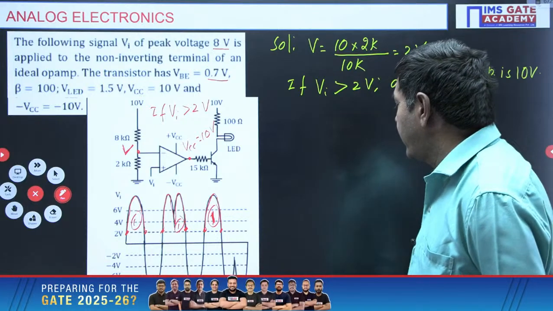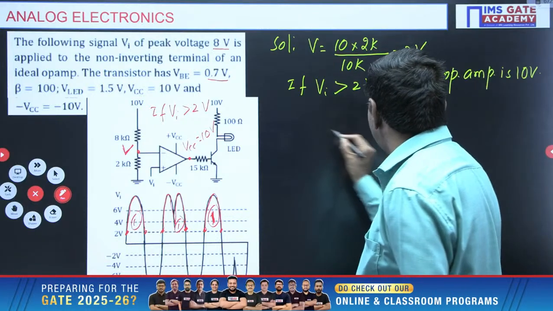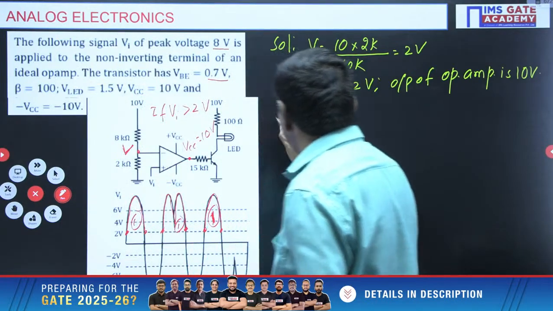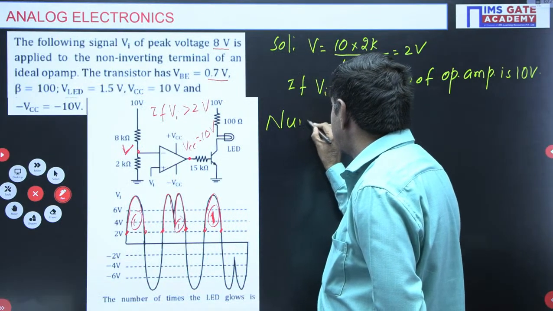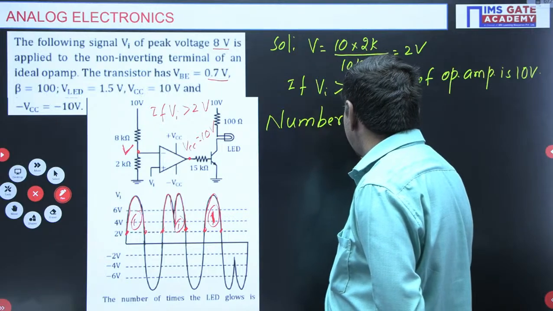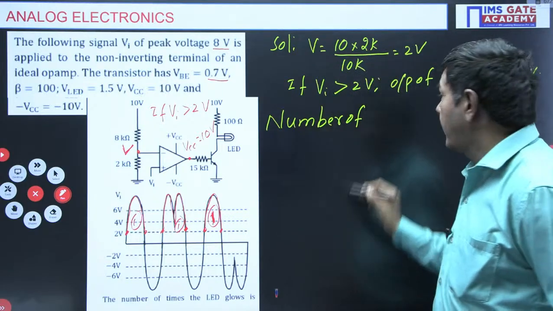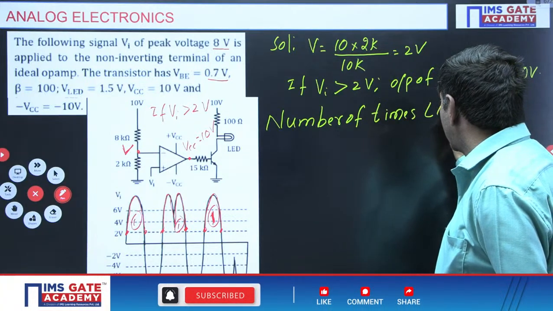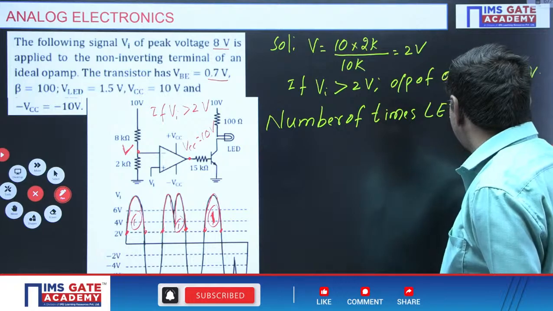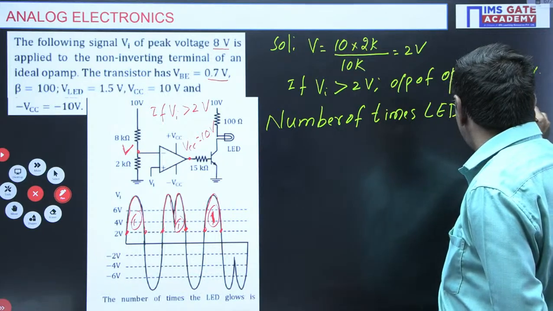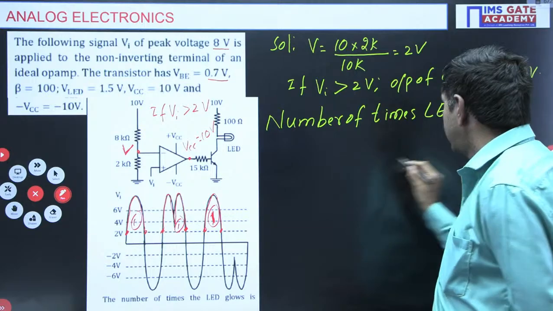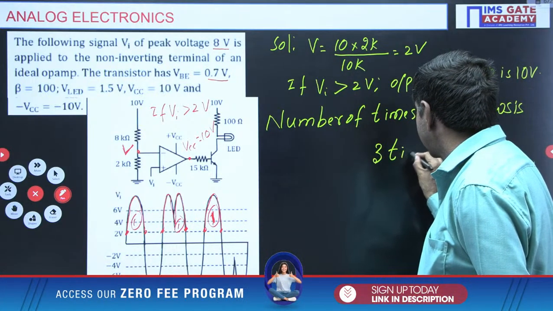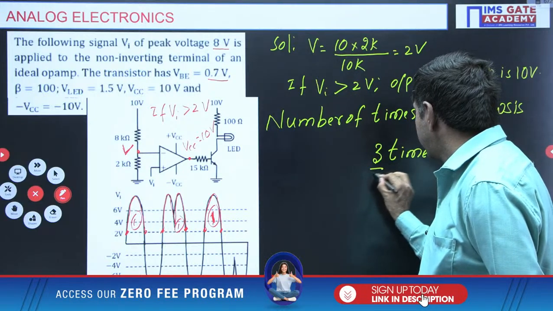The number of times the LED glows is, we can write directly, 3 times only. 3 times it glows only, we can say.